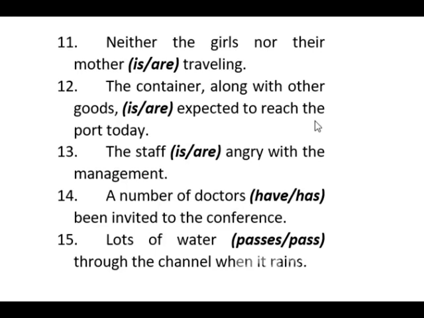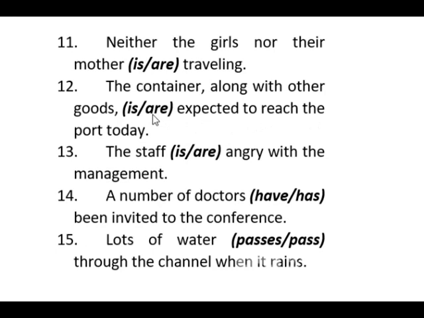Number 12. The container along with other goods dash expected to reach the port today. The container along with other goods is expected to reach the port today. Or the container along with other goods are expected to reach the port today.